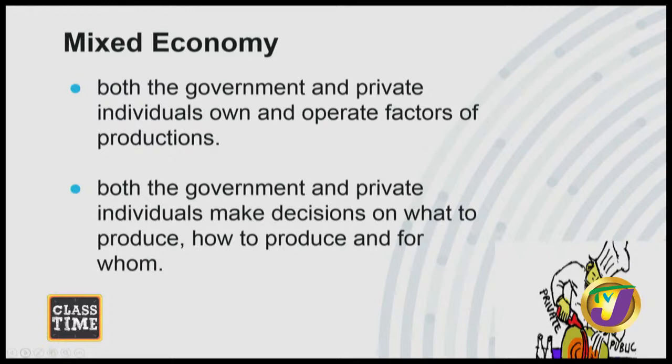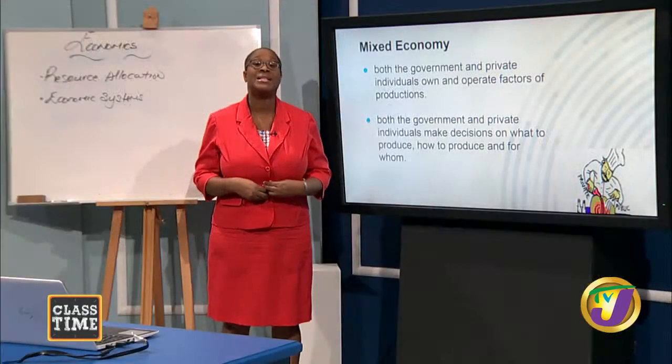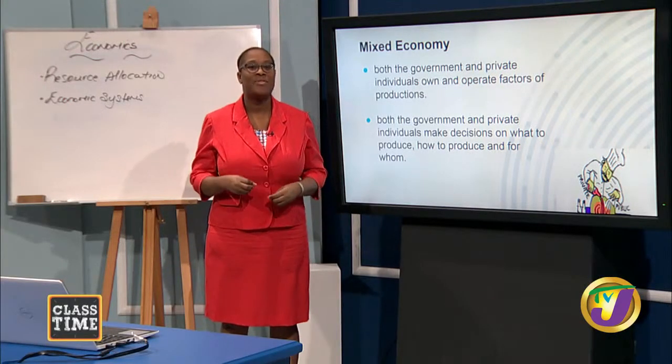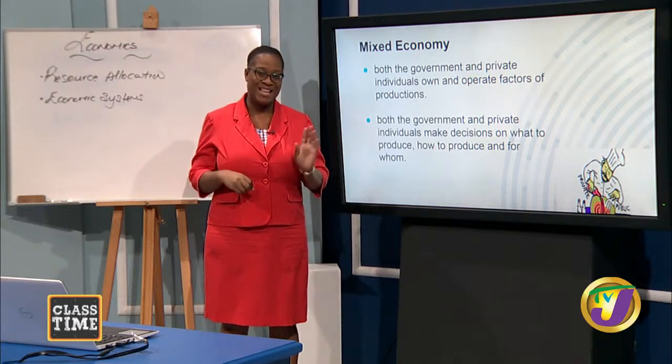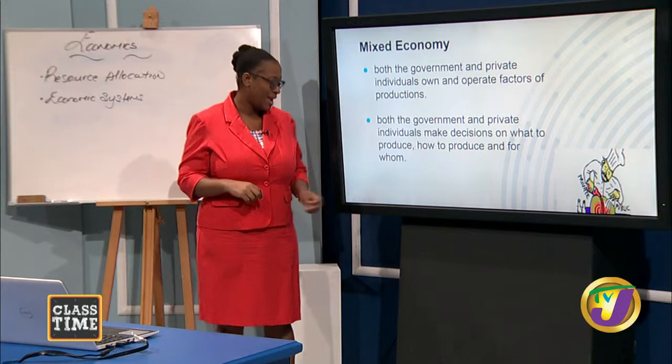Both the government and private individuals make decisions on what to produce, how to produce, and for whom. So you'll find that there's a balance now within the economy. The government will provide mostly the basic needs and necessities, and the private firms will provide the wants. Needs versus wants, right?